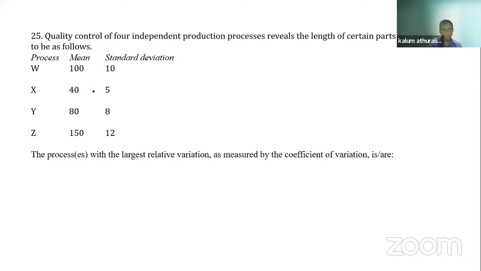What is the largest variation using the standard deviation? It is this one. But the means are not equal. If the means are equal, then you can find the largest variation process using standard deviation.